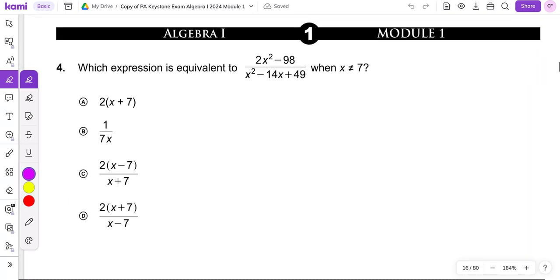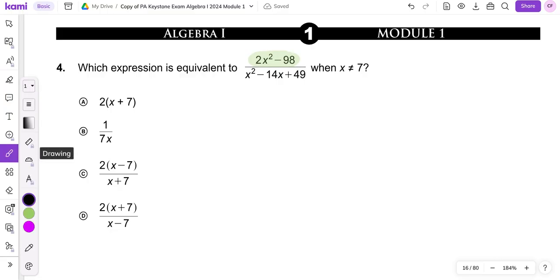So if we first take the numerator, the top part is this 2x squared minus 98. We're trying to factor that. Now this isn't like our typical trinomial. This is a binomial. And notice that the leading coefficient is not a 1.